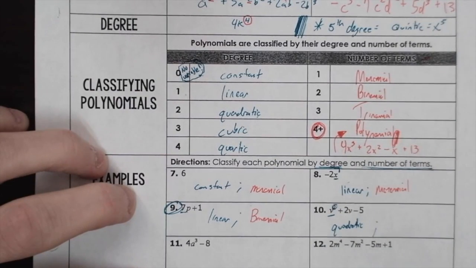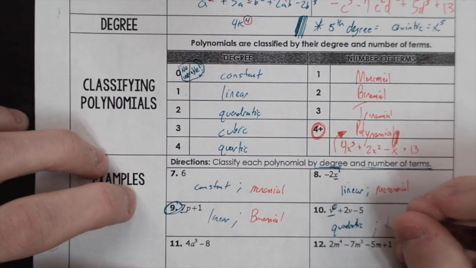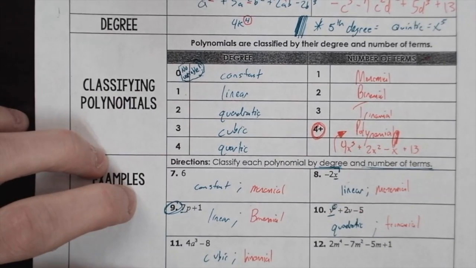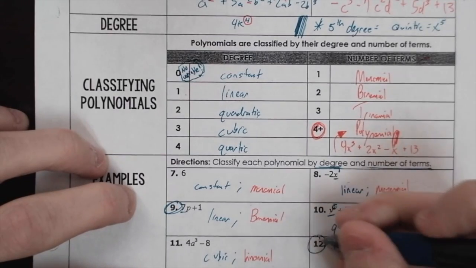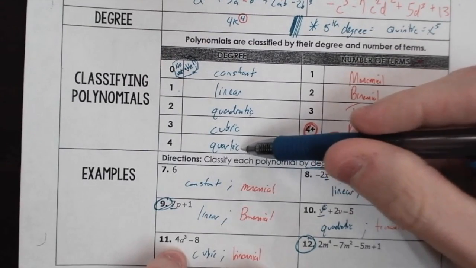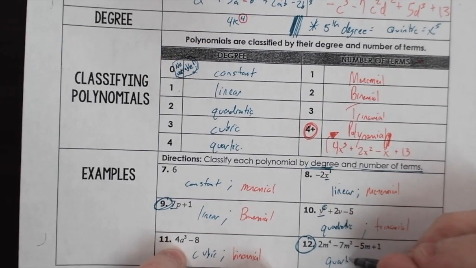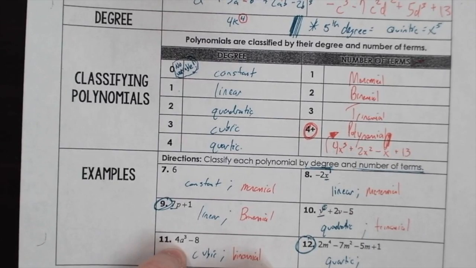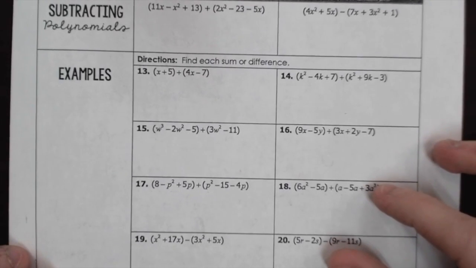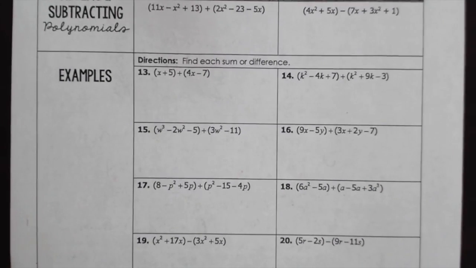And then we know it's trinomial because there are 3 terms. 11 is cubic and binomial. 12, you go ahead and try. Hopefully you saw it was a quartic polynomial. Very good job.